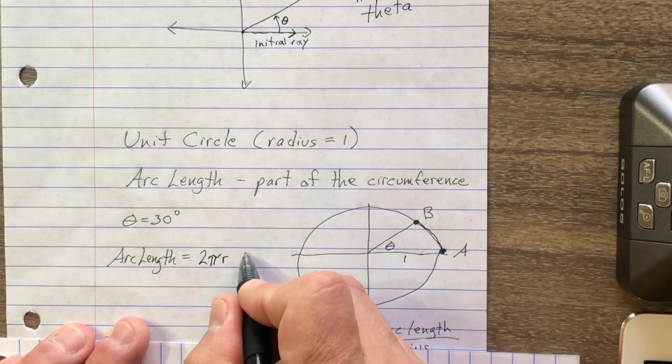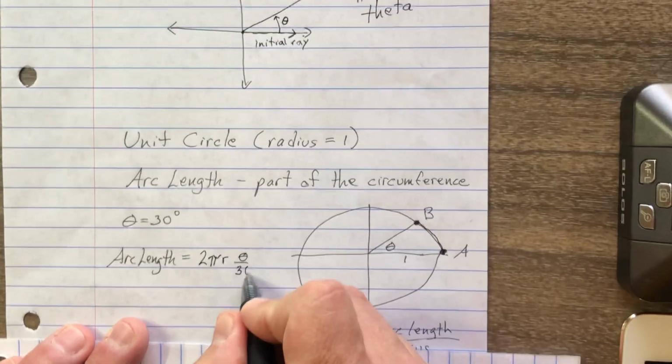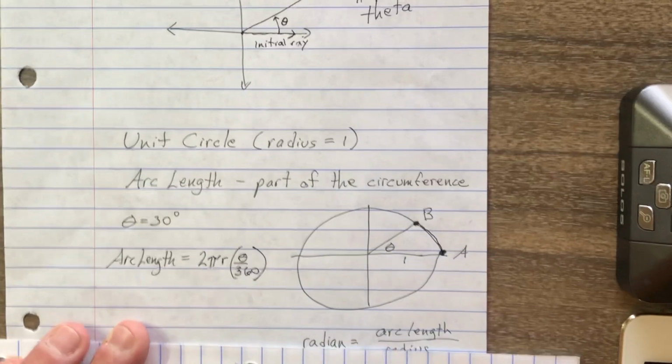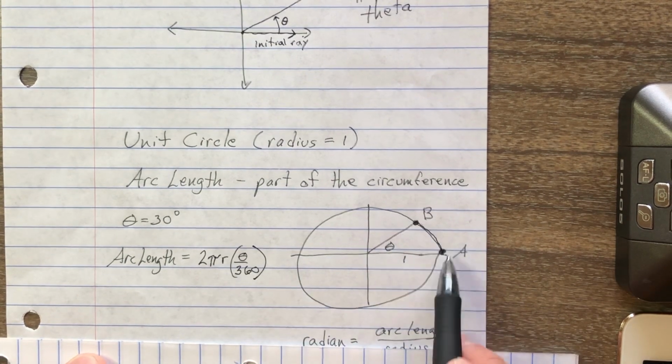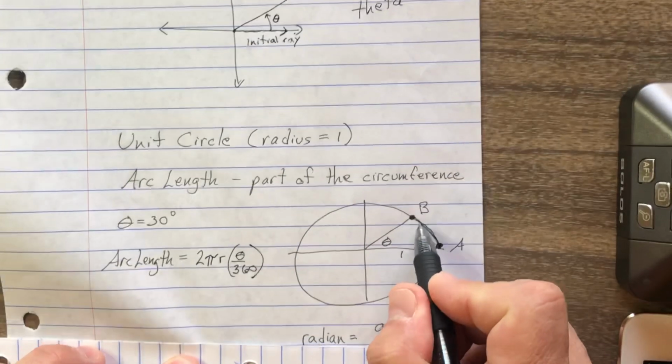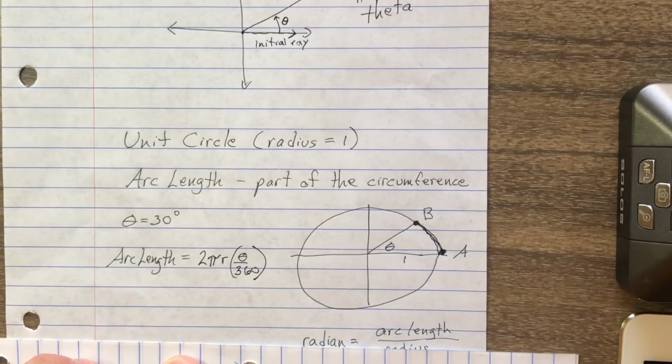So that would be theta divided by 360. So you have 2 pi r times the degree measure of theta divided by 360, because that would be the piece of the pie we're talking about here. This is just that distance right there, from there to there.